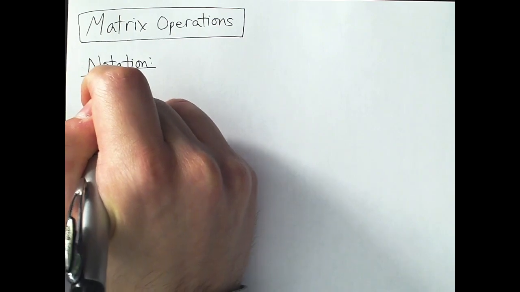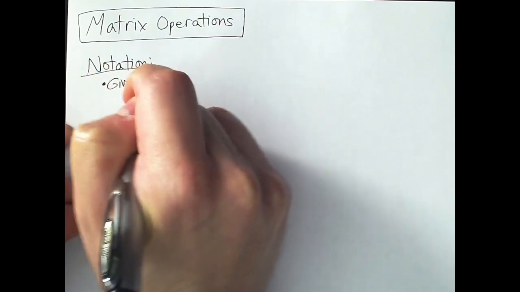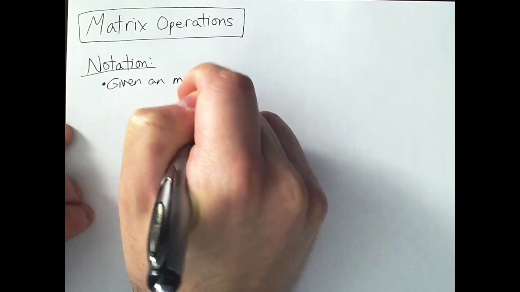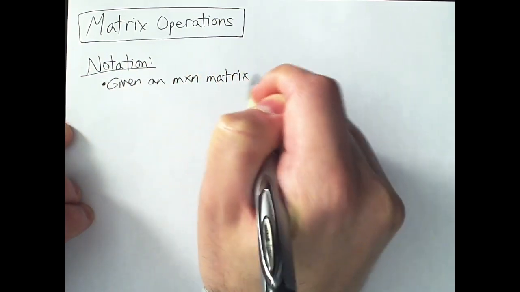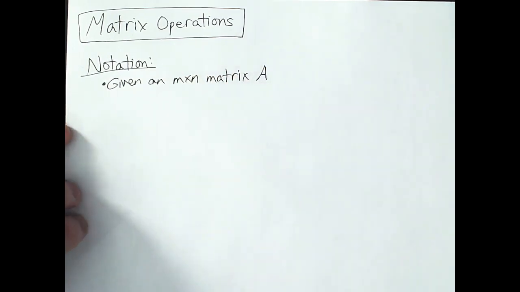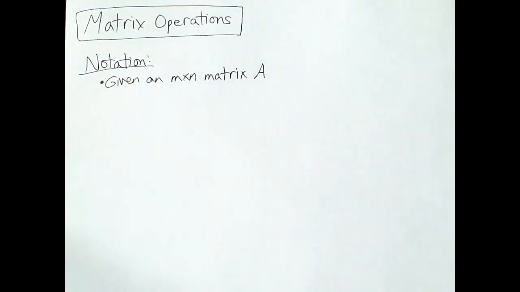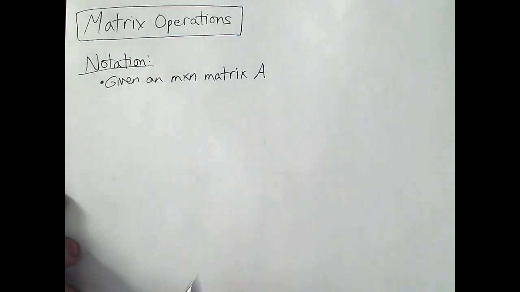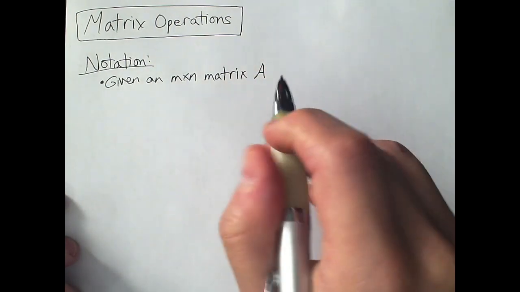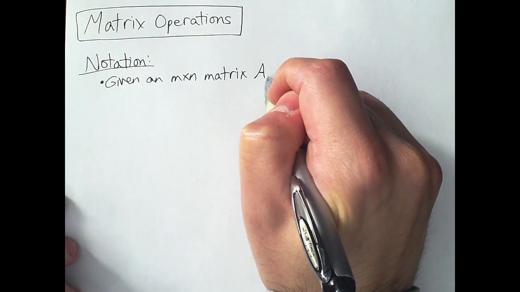So if we are given an m by n matrix A, and by the way, when we say an m by n matrix A, it might correspond with a linear transformation that we're currently interested in, but it could just be a matrix for the sake of being a matrix. Not every matrix question is going to be viewed as a linear transformation, even though it can be.